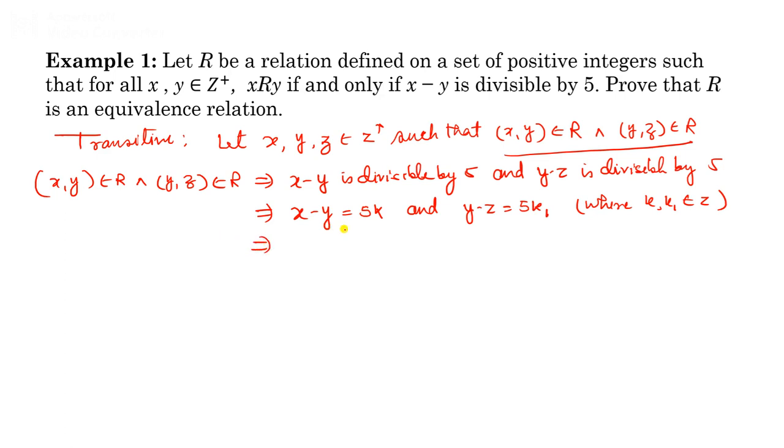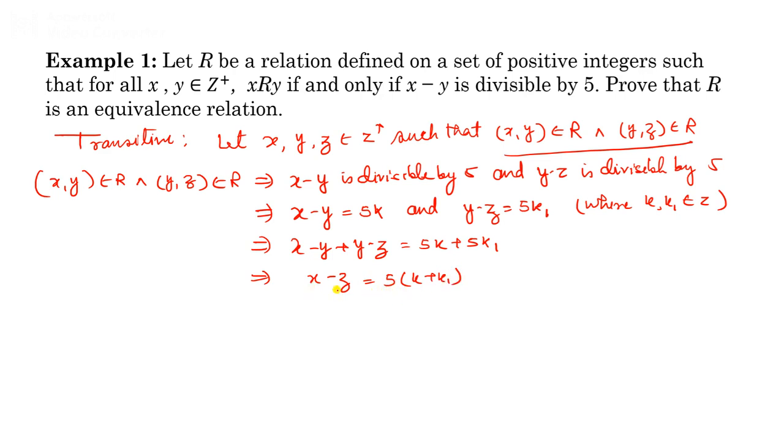Now add these two: x minus y plus y minus z equals 5k plus 5k1, and from there you get x minus z equals 5(k plus k1). Now look at this. This is a multiple of 5.